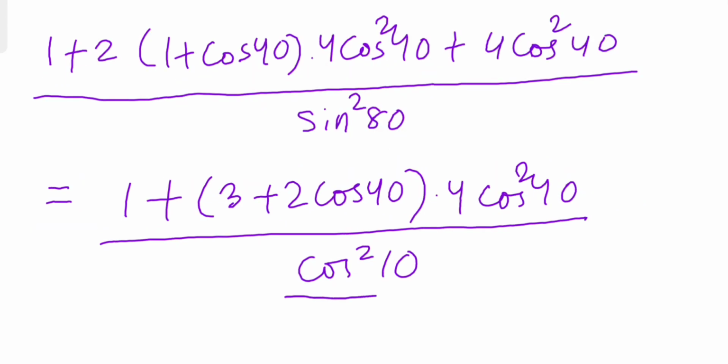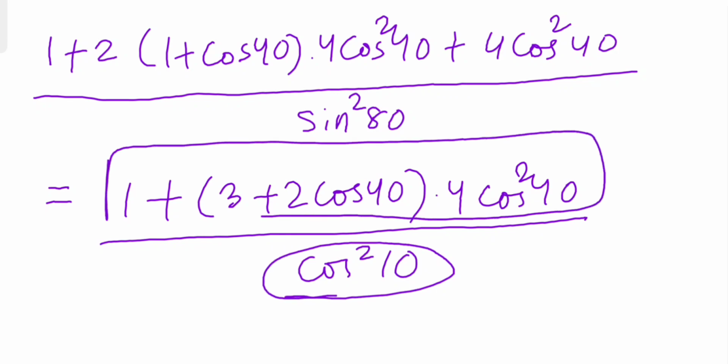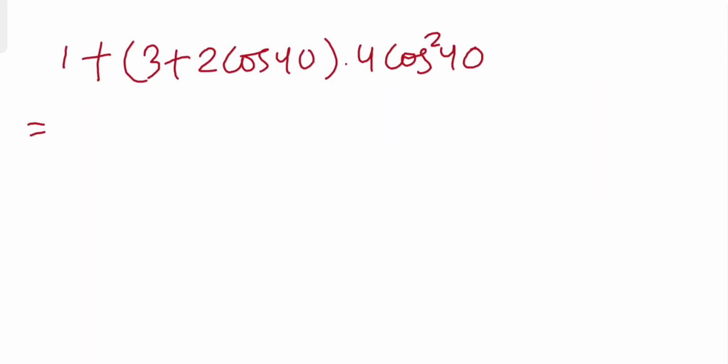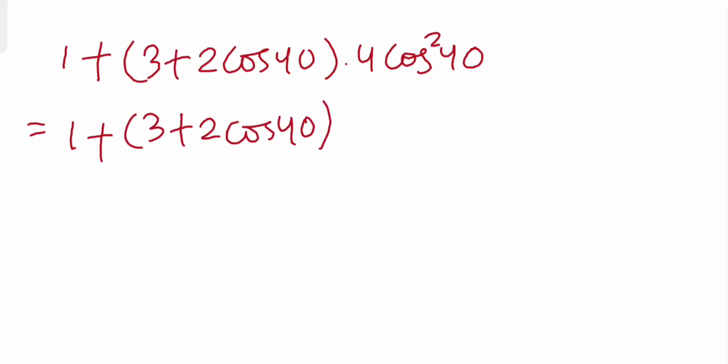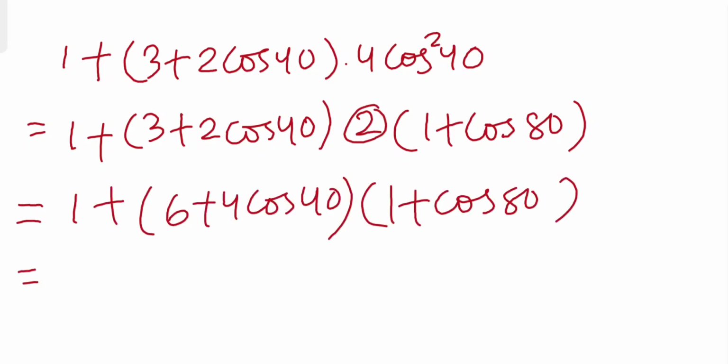The denominator is cos square 10. We'll see later. Let's try to simplify the numerator in terms of cos square 10. Let's see if we can cancel some terms, and we have to simplify it carefully. So now let's simplify this expression, and then we will have 3 plus 2 cos 40, and let's use the cos square 2 theta formula, and then we'll have 2 into 1 plus cos 80, right?